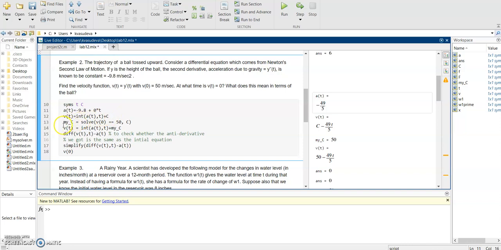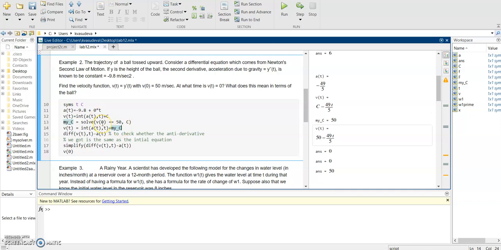Now my next step is to find the value of c. I'm trying to do just like I did before. My c is equal to solve v of 0 equal to 50, comma c. I'm solving for c. Once I know what my c is, I'm going to plug that back into my velocity equation.